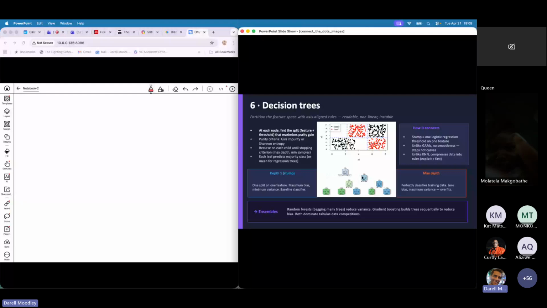Here, this tree has a depth of, I think, about 3. So you count the number of nodes going down, and that would be your depth. Often going more than a depth of like 5 or 6 leads to overfitting. So you don't want your tree to go too far down and have too high a depth, because you can tend to overfit.